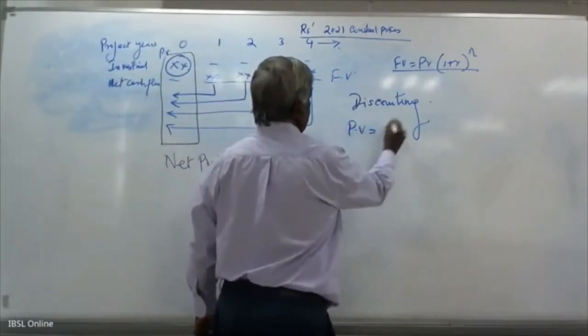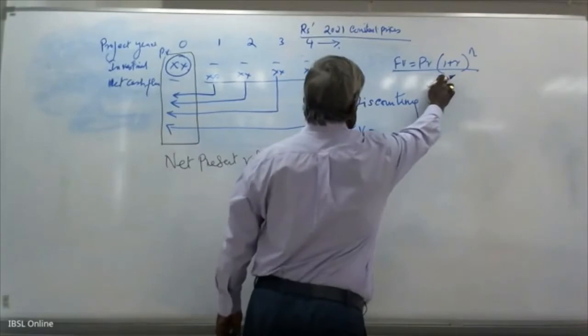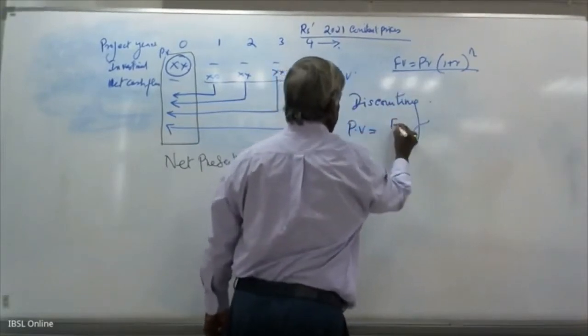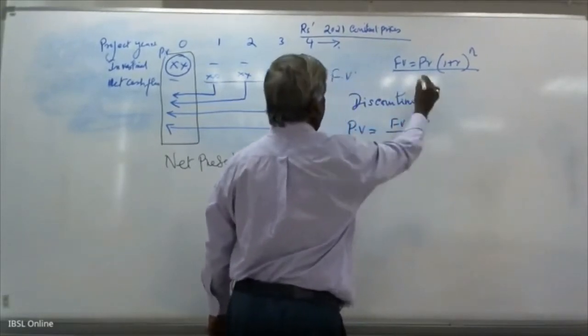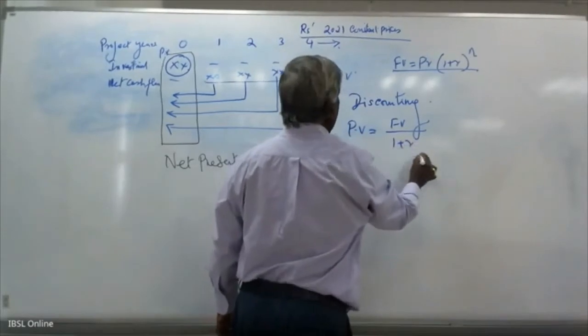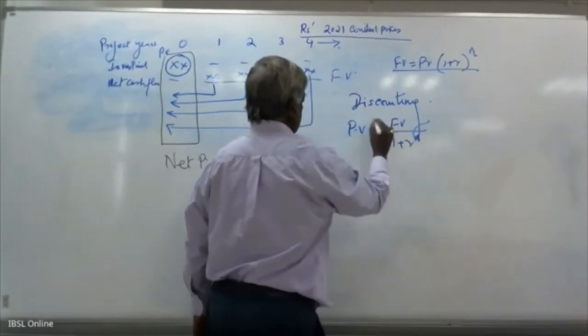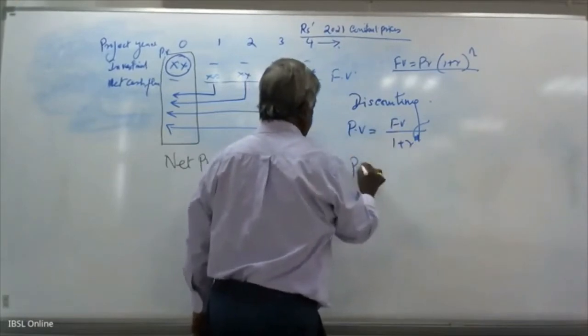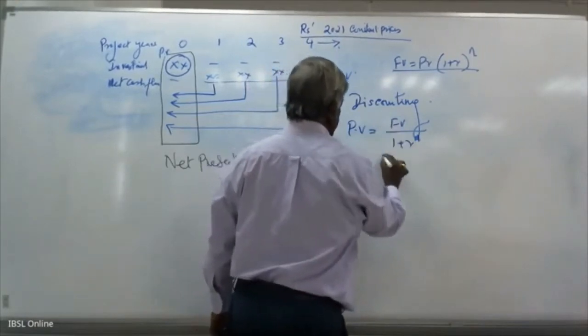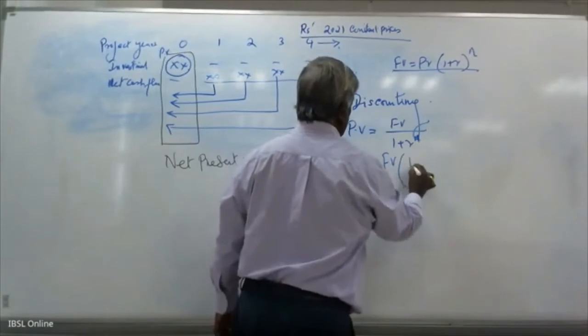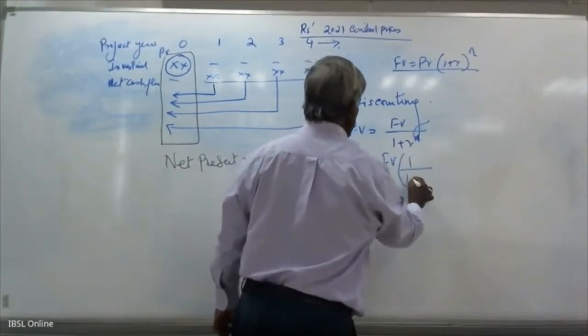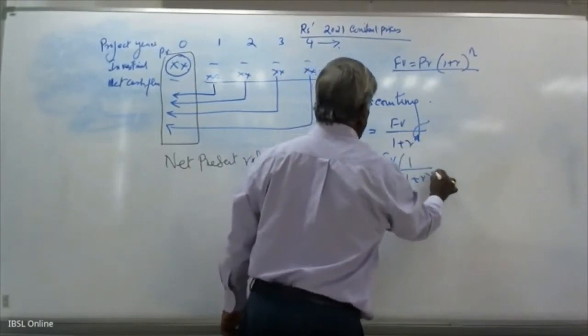PV is equal to FV divided by (1 plus r) to the power n, or PV is equal to FV into 1 divided by (1 plus r) to the power n.